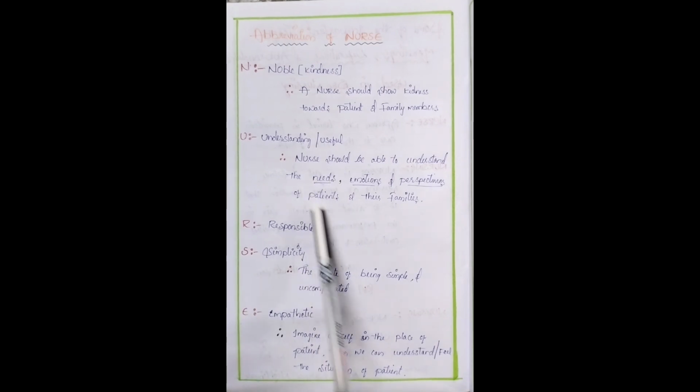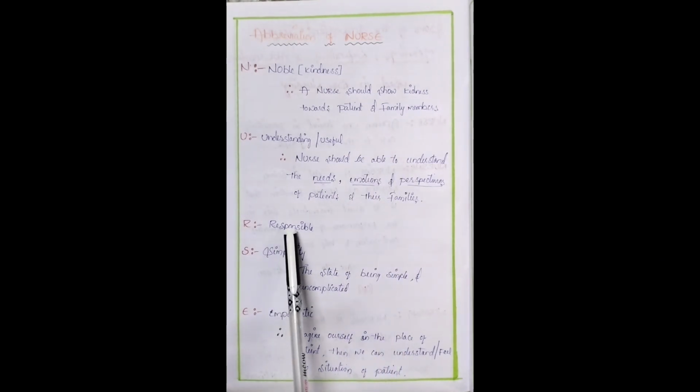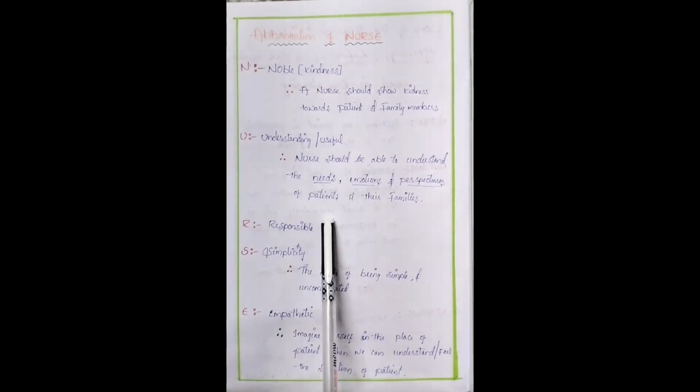Next, U for understanding. The nurse should understand the needs, emotions, and perspectives, and what the patient is feeling. Should understand the emotions and feelings of the patient and the family members. Next, R for responsible. Should be responsible for the patient.